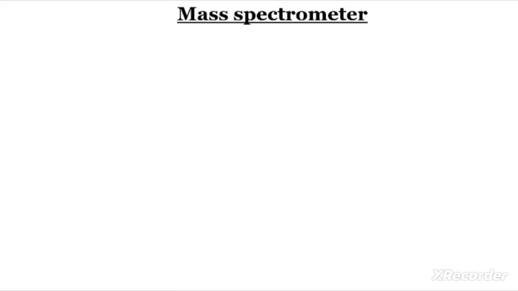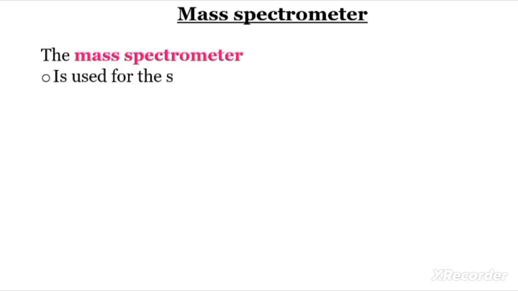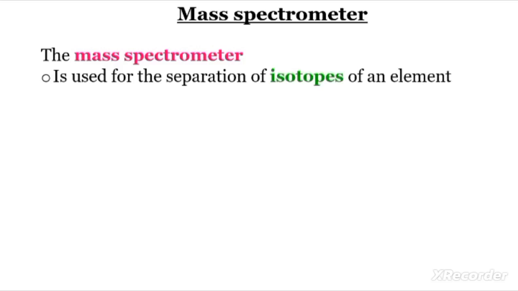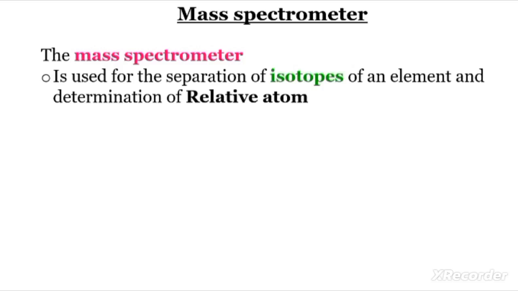So, mass spectrometer. A mass spectrometer is the one that is used for separation of isotopes of an element and the determination of relative atomic mass.